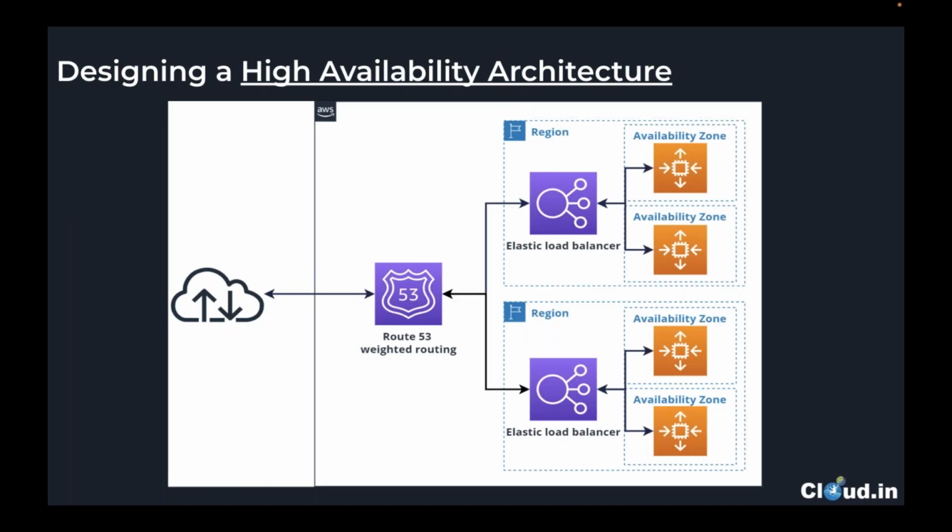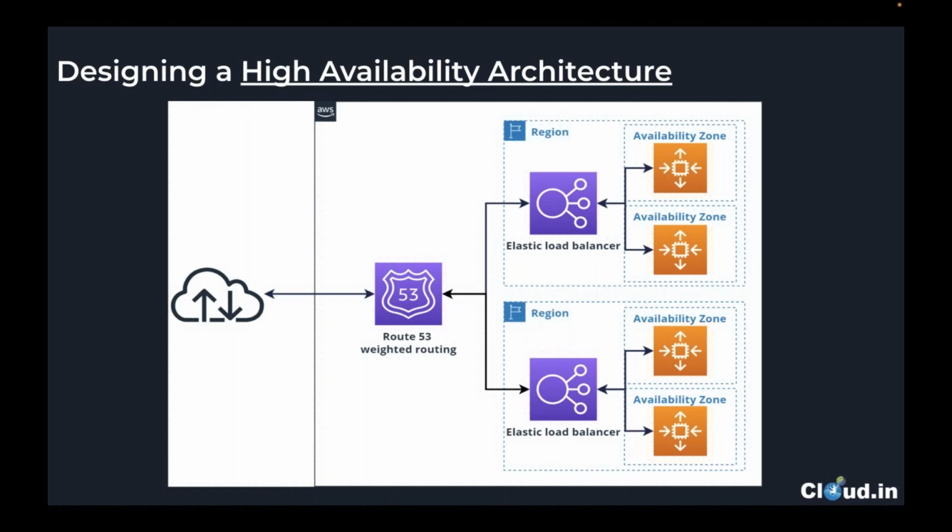So next we have the architecture. As you can see, as I said, Route 53 is connected to the elastic load balancer in one region, and in another region it's also connected over there.